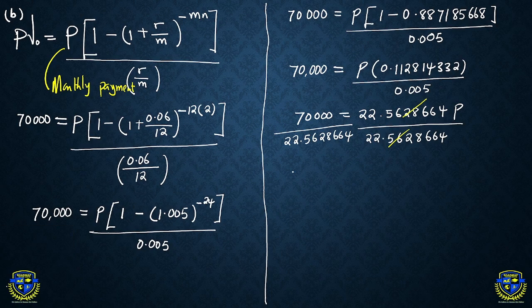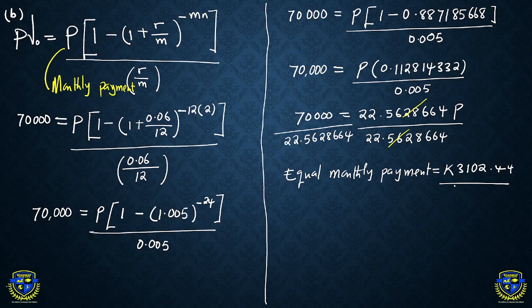Then we're going to say that our equal payment, which is our equal monthly payment, is going to be 70,000 divided by 22.5628664. And our answer there is going to be 3,102.44 as our monthly payment.